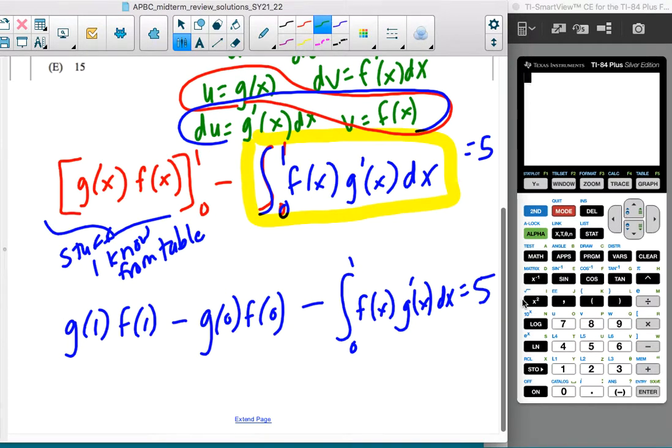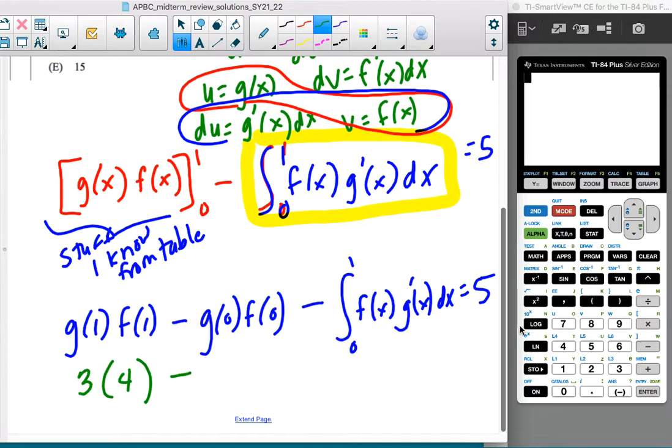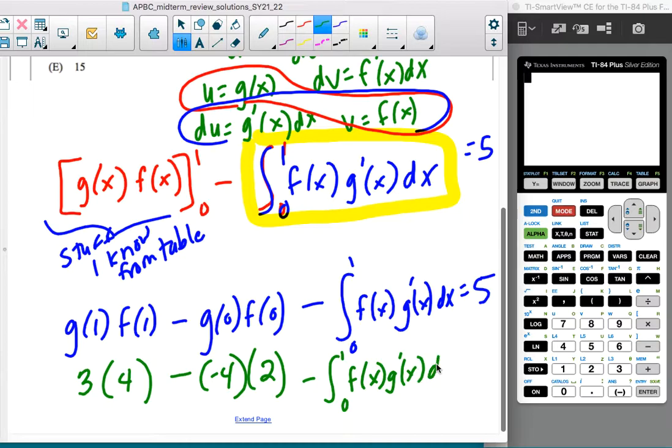So this is 3 times 4 minus, let's go back up and find g of 0 and f of 0. g of 0 is negative 4, f of 0 is a 2. So negative 4 times 2 minus the integral I'm trying to find, because again, the entire goal of this problem is to find the value of this integral.